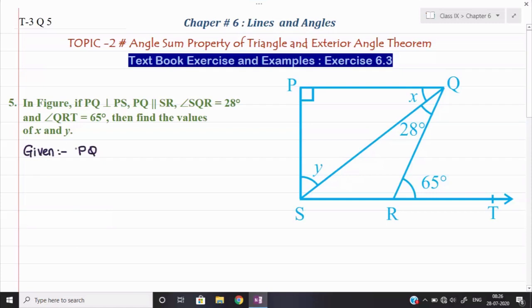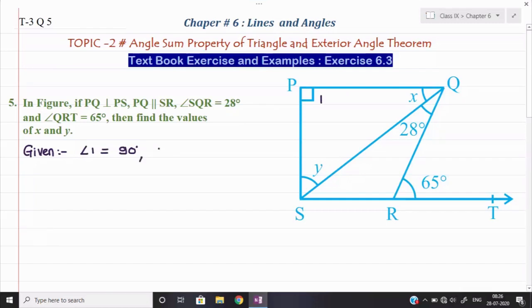Or we'll do one thing. Instead of writing PQ is perpendicular to PS, we shall mention the name of the angle drawn at the point P. This angle I will suppose as angle number 1. So in other words, we can say that angle 1 is equal to 90 degrees. That is also a way.